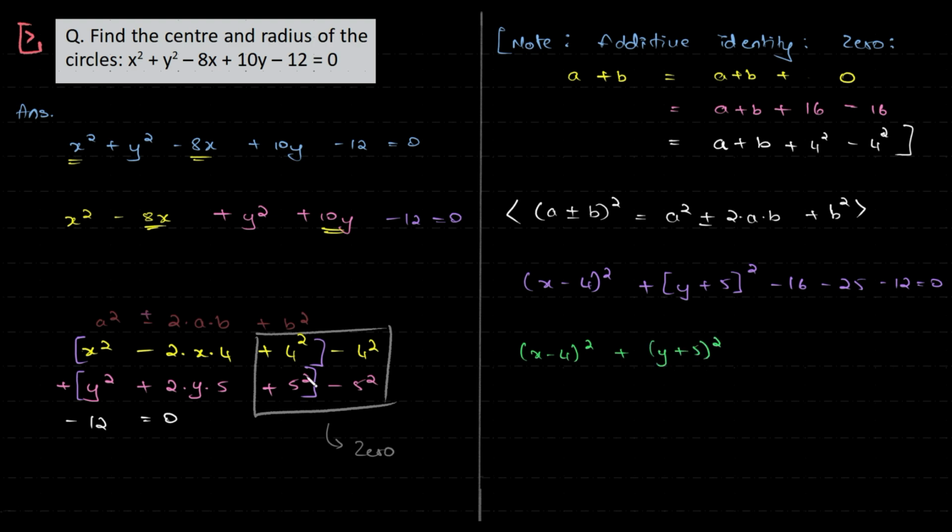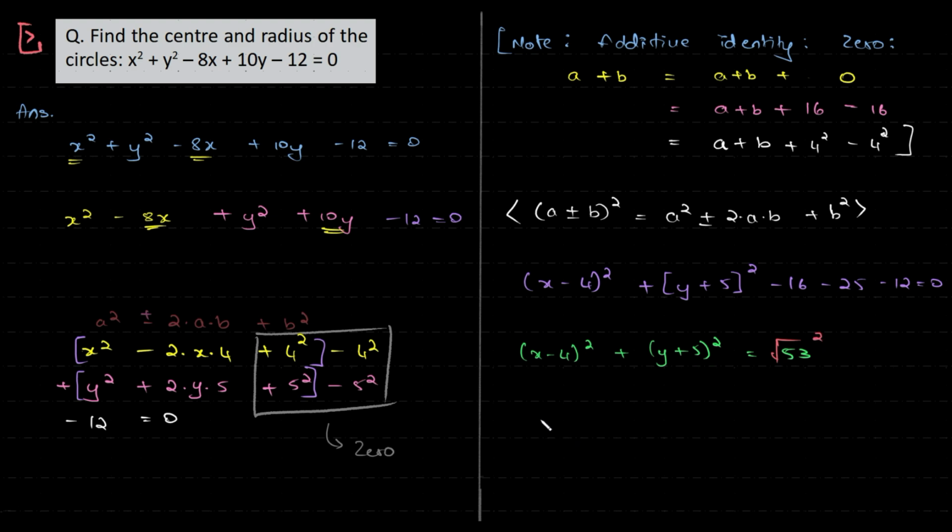So minus 16 minus 25, all that came from this set of values. Agree? And so all of this will add up to 53.